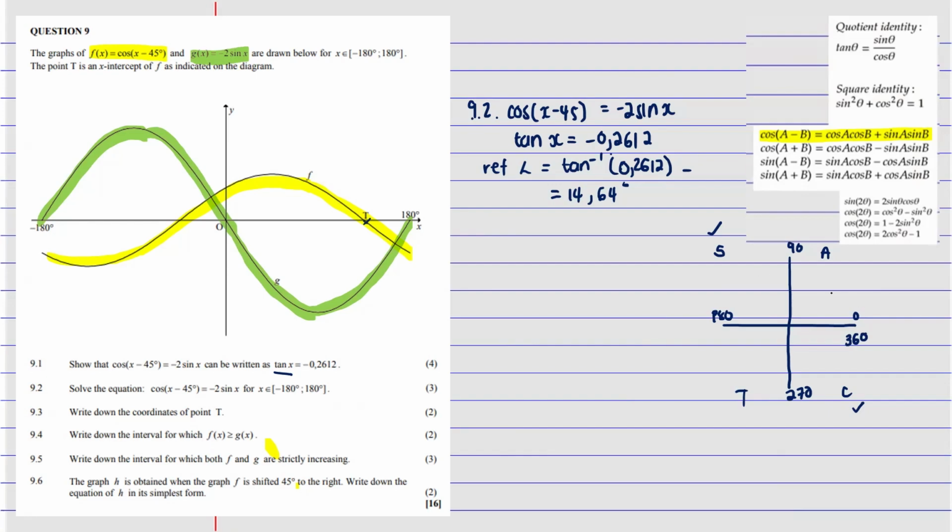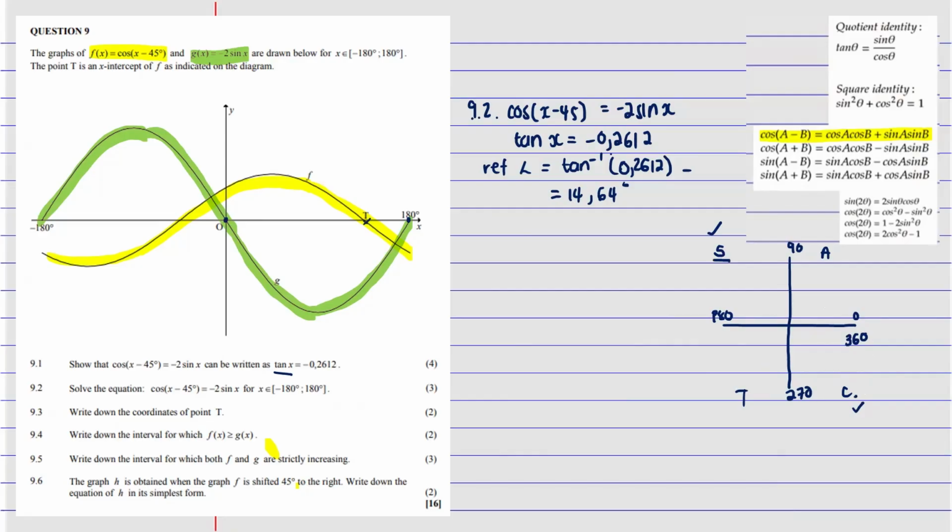In our case, we look at the positive side, between 0 and 180. So our answer needs to lie in this second quadrant only. We cannot consider the fourth quadrant because it is between 180 and 360, and that's not part of our restriction. Does that make sense?